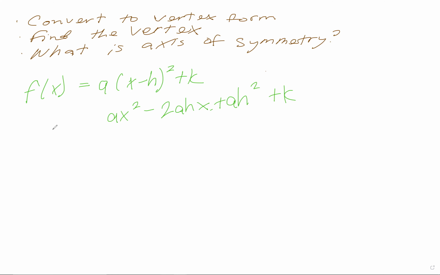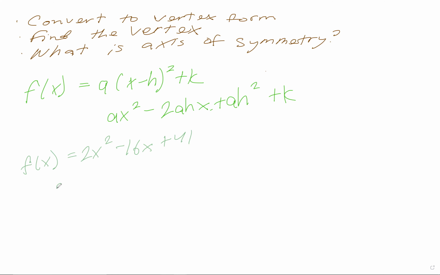So given what you're given, on A, do you have the book assignment up? Yes, I do. So what's the first one? f of x equals 2x squared minus 16x plus 41.